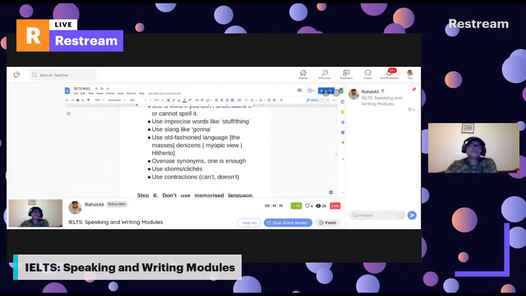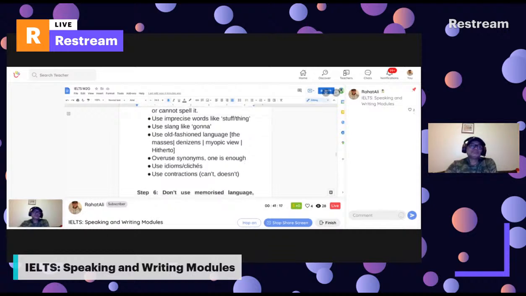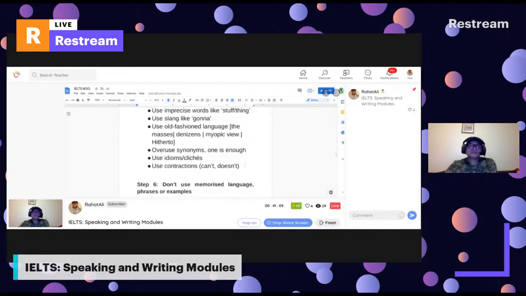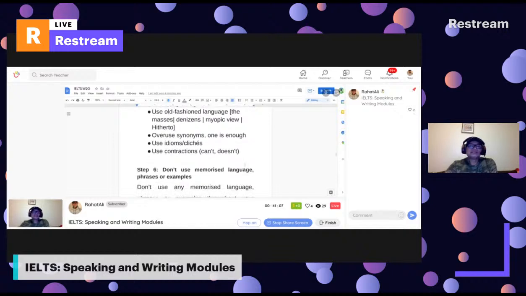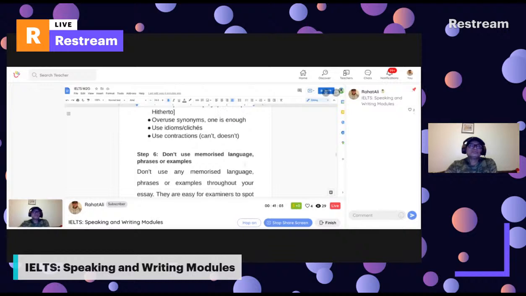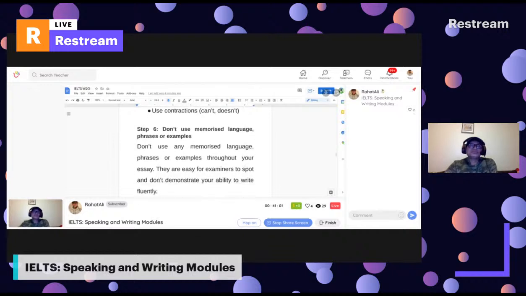Do not overuse synonyms. One is enough. Do not use idioms. Yes, in the writing, we do not use idioms or cliches. Do not use contractions like can't, doesn't. Remember, guys, these are very important. Step 6: don't use memorized language, phrases, or examples, which is another important point for you as an IELTS candidate.